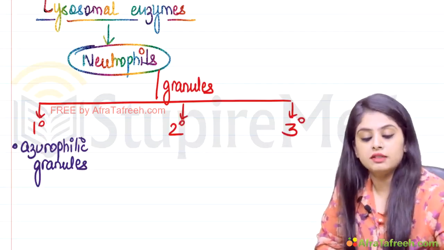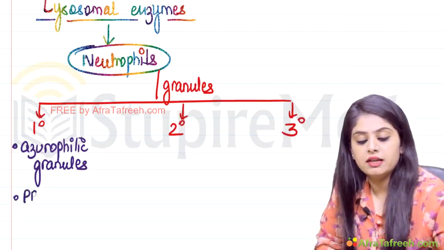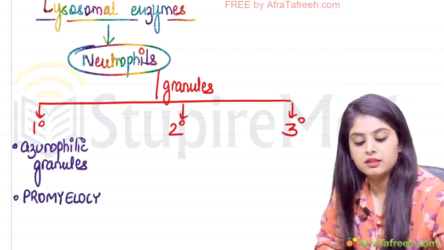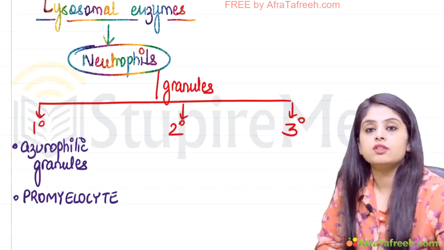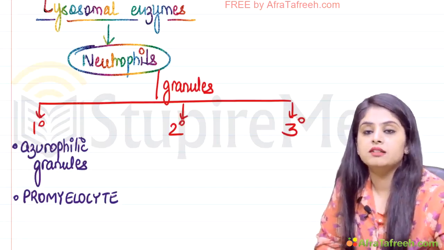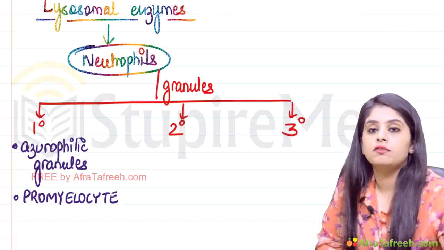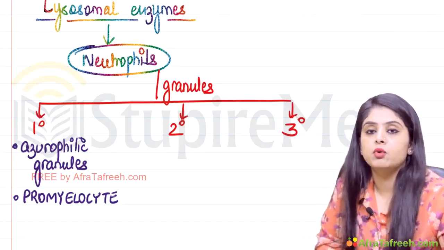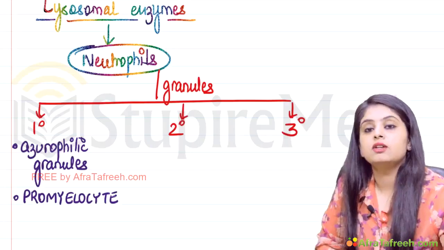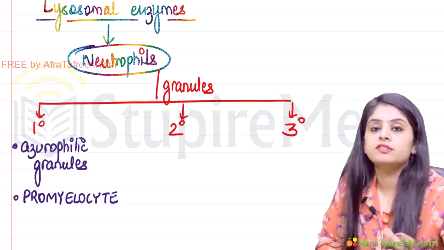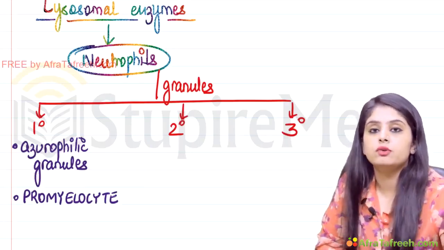These are the granules that are going to be present at which stage? The promyelocyte. Now when we come to our discussion on the white blood cells, we will know that the promyelocyte is one form of the precursor in the bone marrow, and this is later on going to mature through a number of stages and develop into a mature neutrophil.